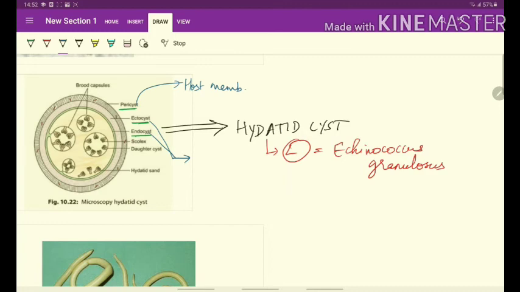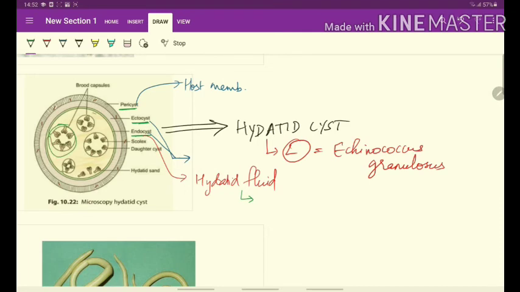Next, the endocyst is responsible for the production of hydatid fluid, which is responsible for causing the disease. Next, it is also in continuation with the brood capsules.